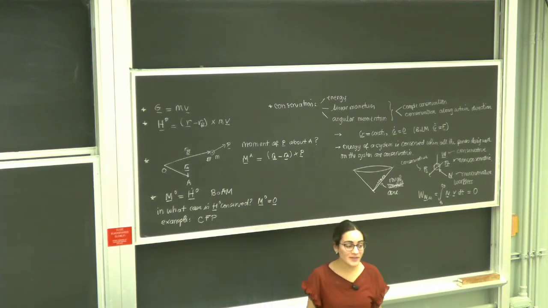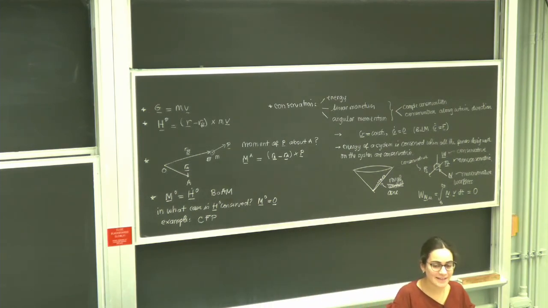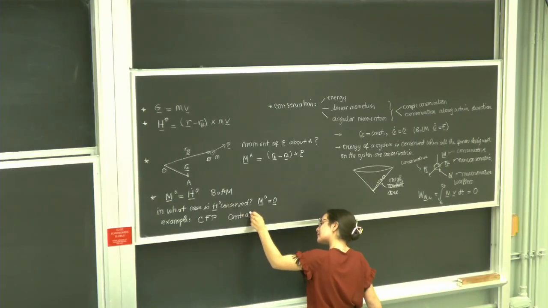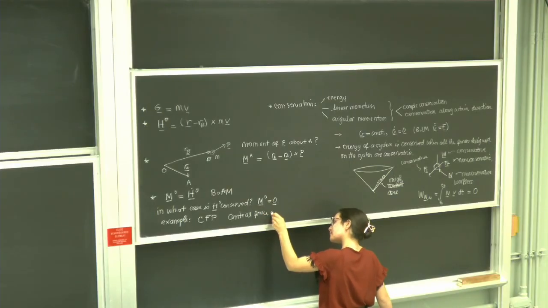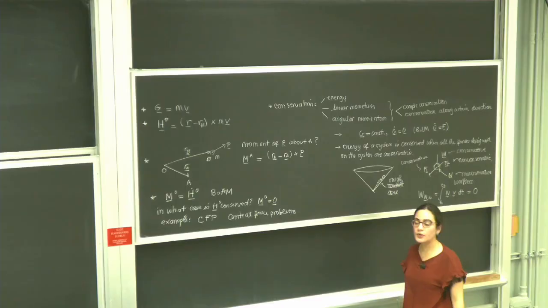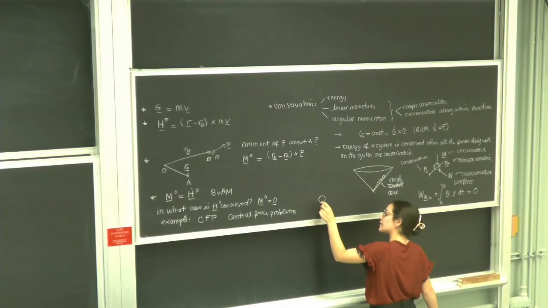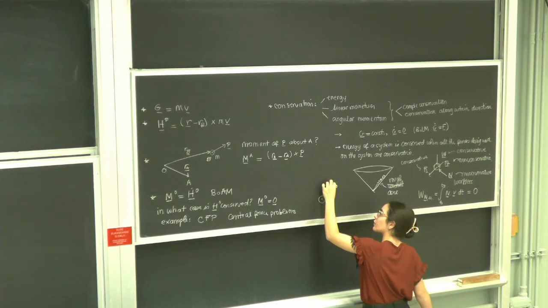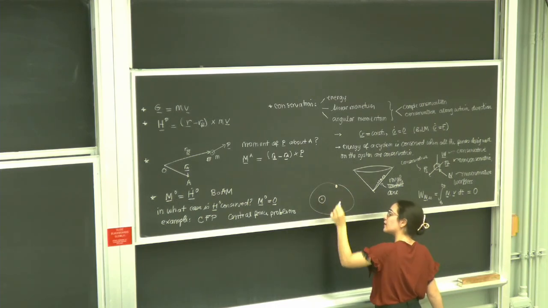What does CFP stand for? Exactly, central force problem. So for example, say you have a planet orbiting the Earth or a planet orbiting the Sun.